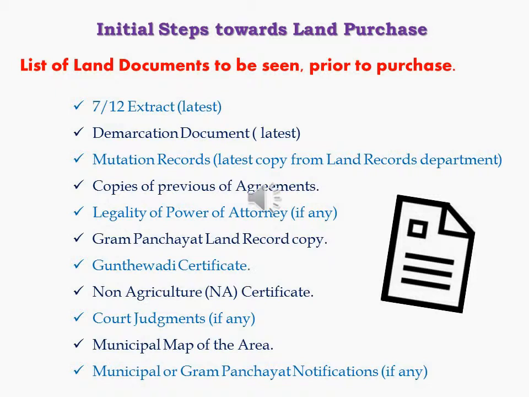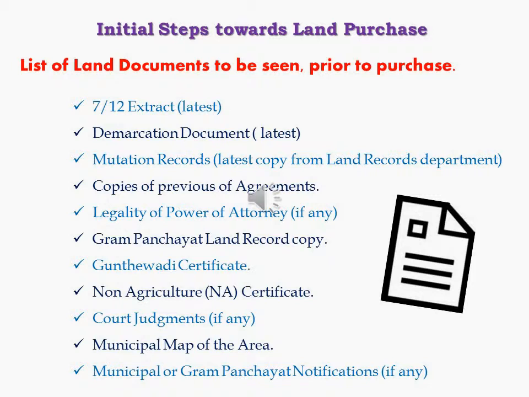Otherwise the chain of agreements will fall through and they will not be valid. If you still go ahead with the deal, you will find that the original owner can always stand up and challenge your title to the land. So this is a very important aspect.